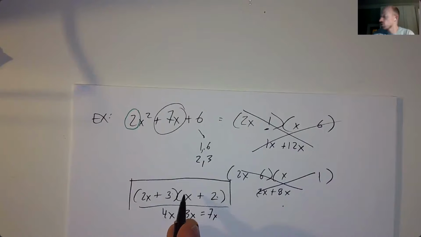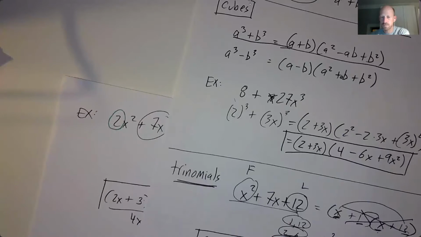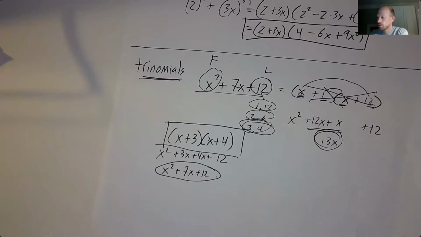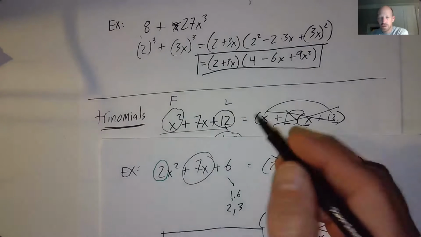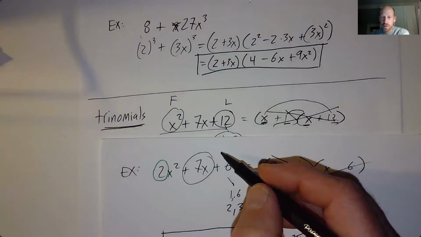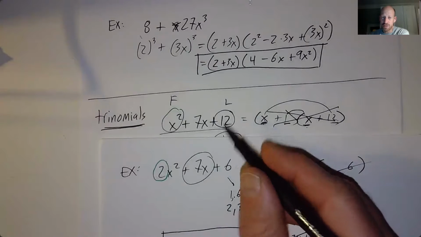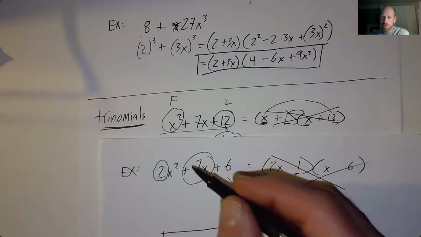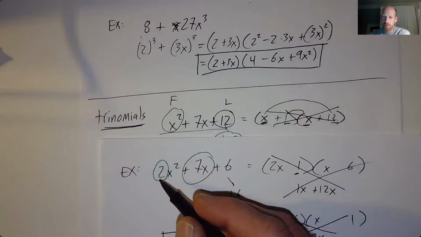Okay. It's important to me that you see these two problems are related to one another, but they're slightly different. This one is definitely harder because of the 2 in front.